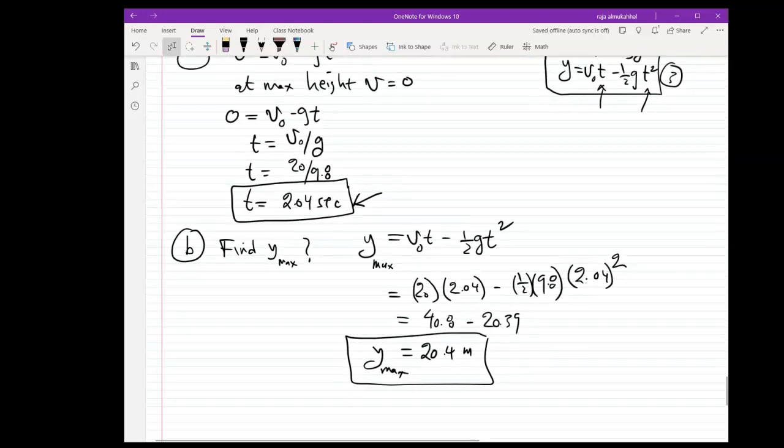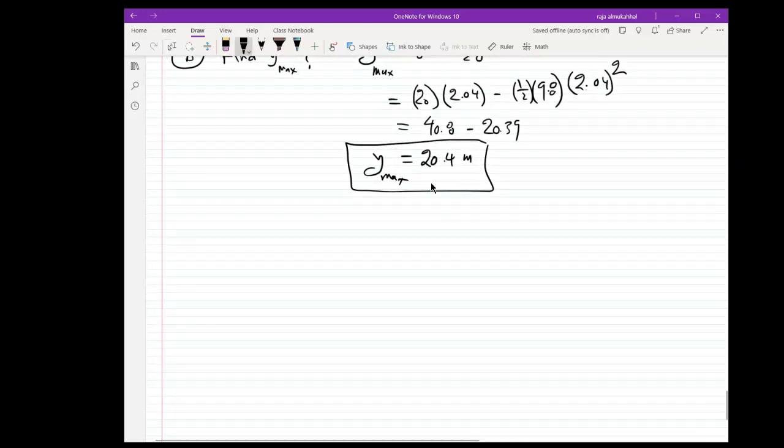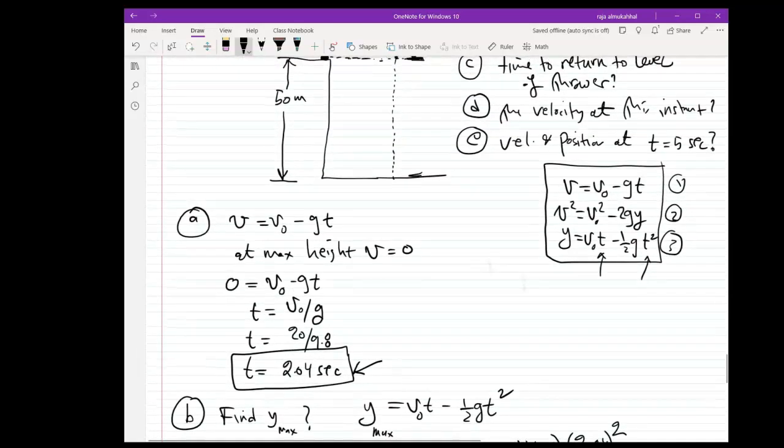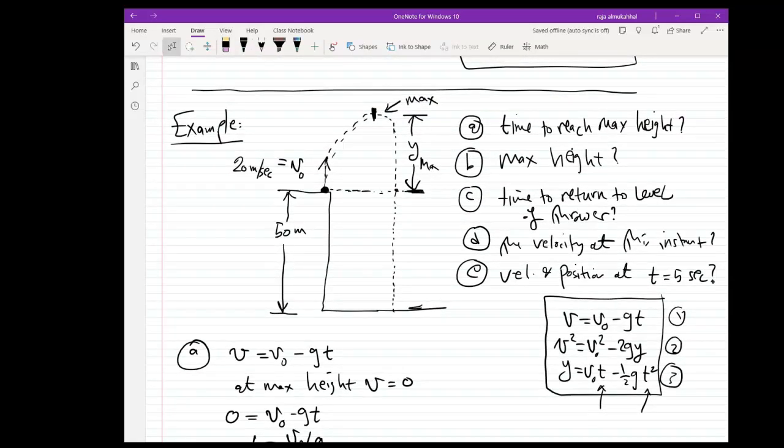Part C. He said the time to return to the level of the thrower. Now, if you think about it logically, you can probably come up with the answer immediately. There is some kind of symmetry going on here. The time it takes the ball to reach the maximum height is exactly the same time it will take it to come back to the level of the thrower, because there is a symmetry.